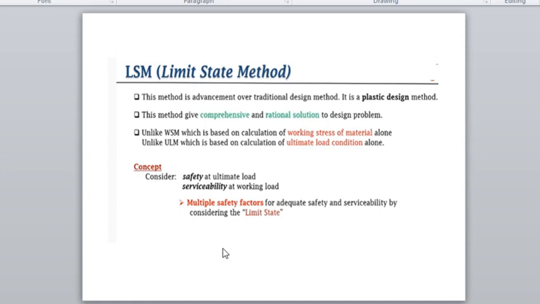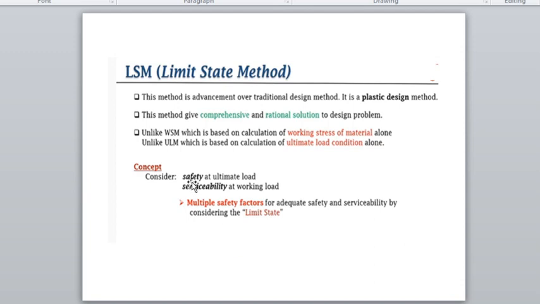Serviceability means the deflection is controlled, or the cracking is controlled. A structure is safe means it is able to carry the complete load. Serviceability means it has durability and there is no excessive deflection or tilting. Both these concepts are used in the limit state method of design.